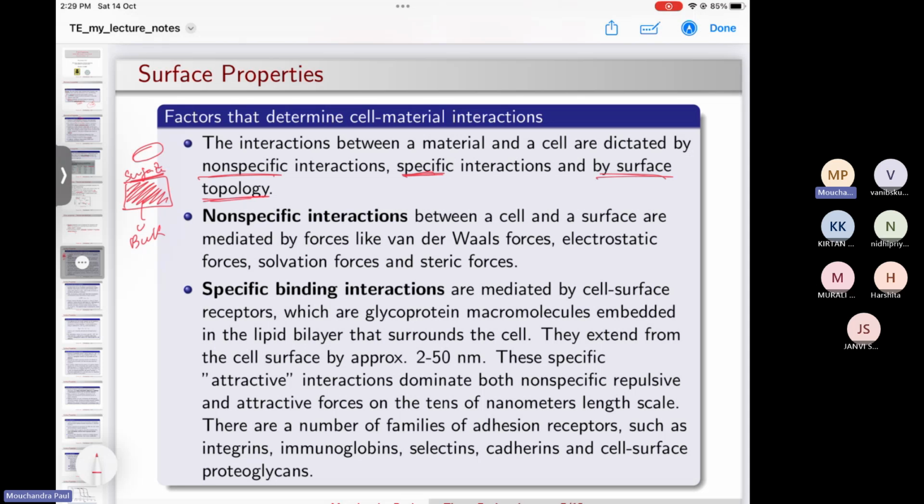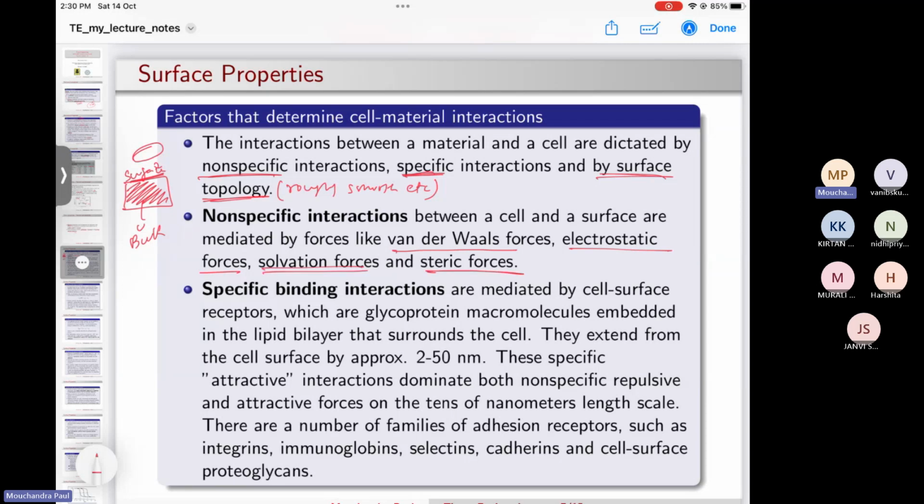Surface topology means whether the surface is rough or smooth, etc. Now, what kind of non-specific interactions come into the picture between a cell and a surface? There are van der Waals forces, then electrostatic forces, charge interaction, positive, negative charges. Then there are solvation forces, steric forces.